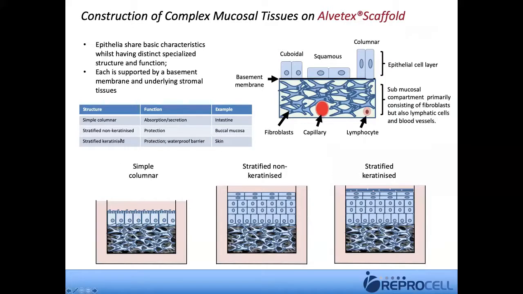I've got 3 examples to share with you today. We have a simple columnar epithelium, which would typically be found in the intestine. We have a stratified non-keratinized epithelium that's found in the mouth, and a stratified keratinized epithelium, which is the skin. Of course, these all have different functions and different structures.